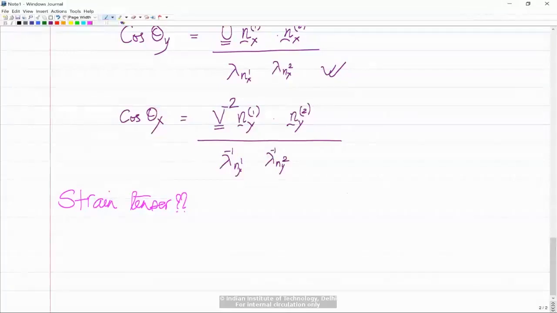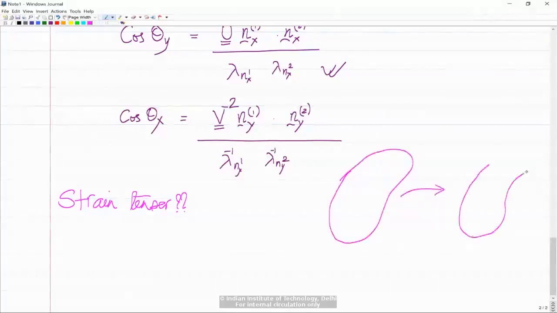For example, think of this deformation, going from reference to deformed, so you have F. Suppose that deformed is equal to reference. Then what will F be equal to?